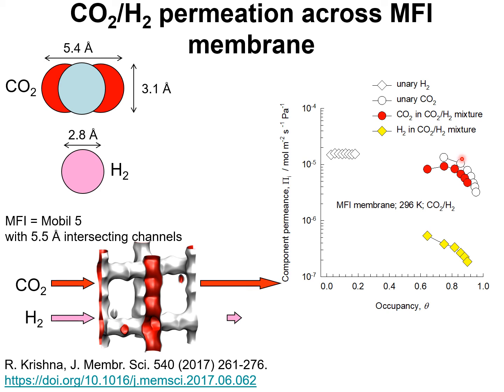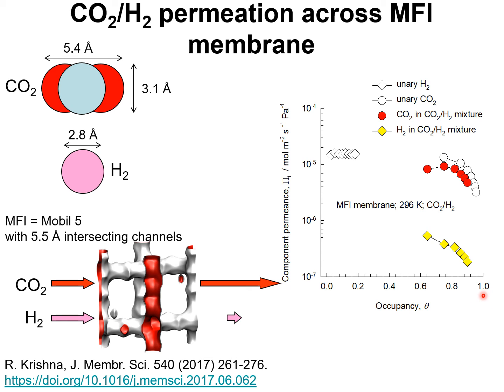The story is completely different for the permeances in mixtures of CO2 and hydrogen. The mixture permeances are plotted by the fill symbols. The red circles represent the permeance of CO2, plotted as a function of occupancy in the upstream membrane compartment. And the yellow diamonds represent the permeance of hydrogen for mixture permeation, again plotted as a function of occupancy.